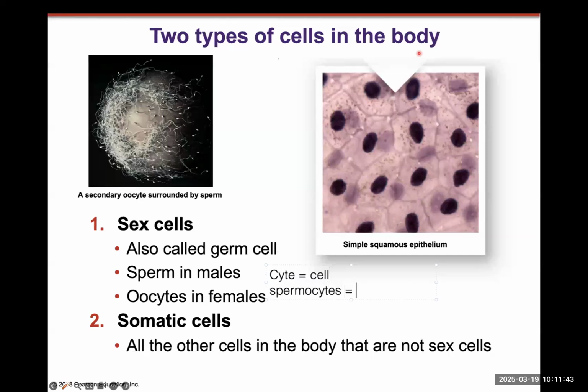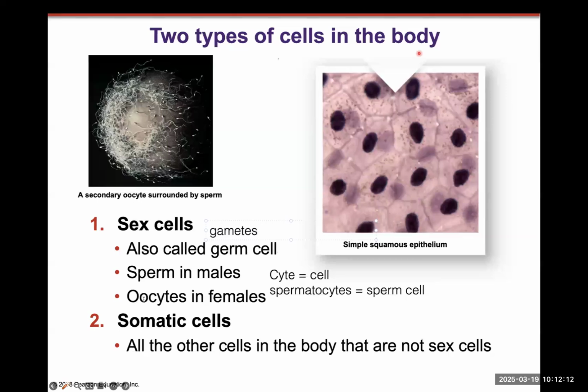Actually, it's not spermocytes, it's spermatocytes. Sorry about that. So sperm cells are called spermatocytes and they're gametes, and gametes refer to the sex cells.